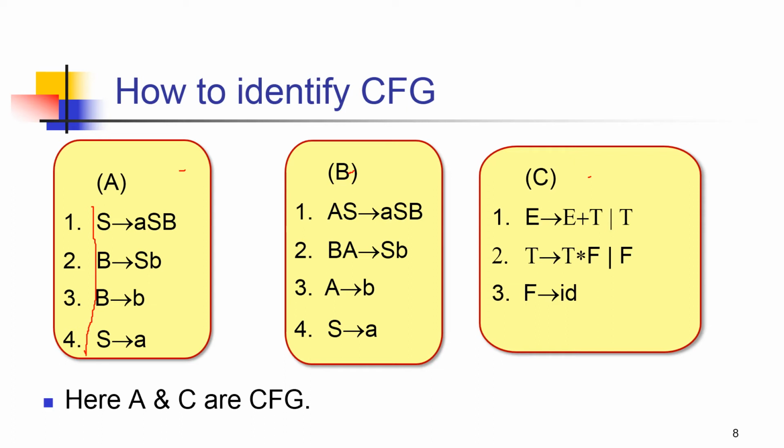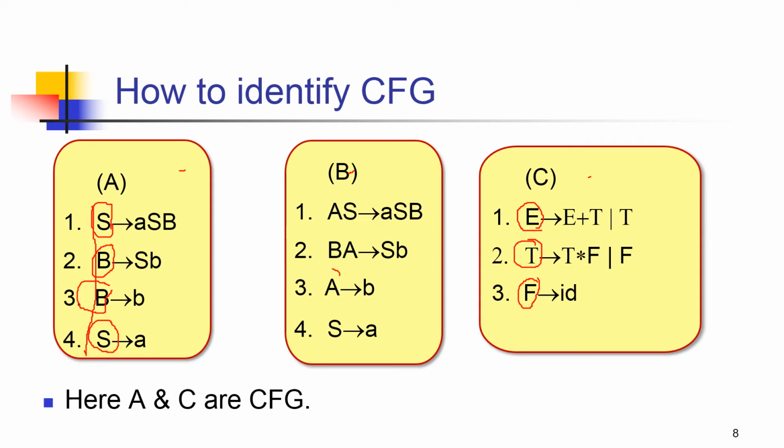But the thing is, in context free, each and every rule will be produced by only a single variable. Here in A and C you can identify that each and every rule is produced by a single variable.